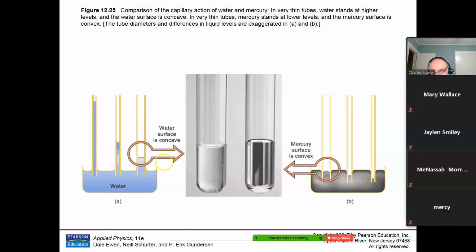It still crawls up the sides a little bit, but not very much. Now, mercury does not stay at the same level. It actually goes down because of the lack of adherence of mercury to the walls of the tube. So it actually pushes the mercury level down. But water, alcohol, other things like this, they usually are sucked up a tube.